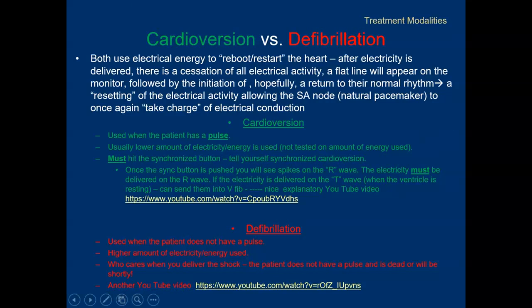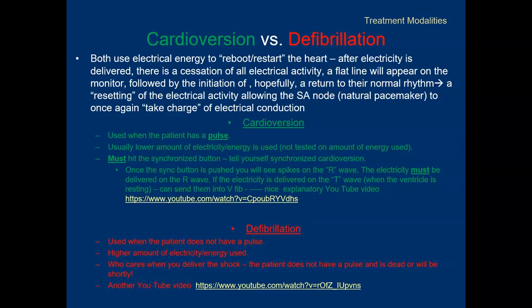And when we want to stop the dysrhythmia with electrical energy, the electricity will stop all electrical activity, and then a flat line will appear, and of course we hope that the flat line will appear for a very short amount of time, and that then the SA node will return as being in charge of the electrical activity, and we now have a normal pattern of electrical activity in the heart.